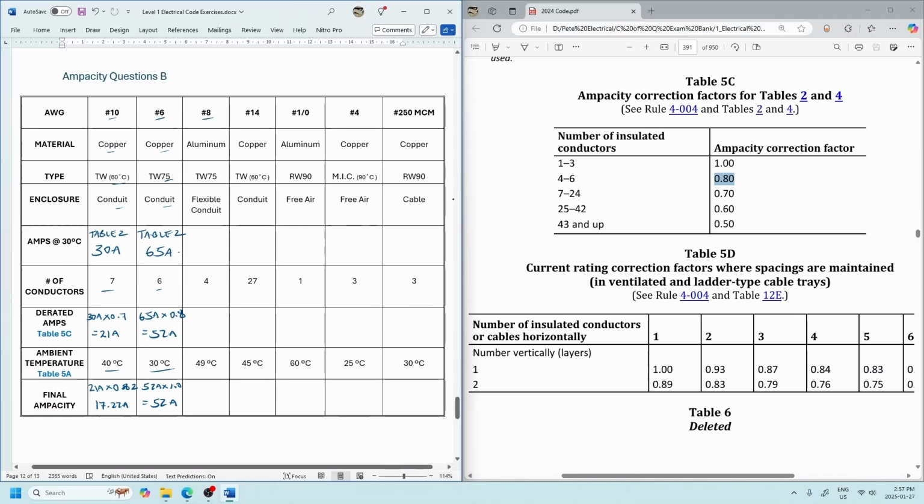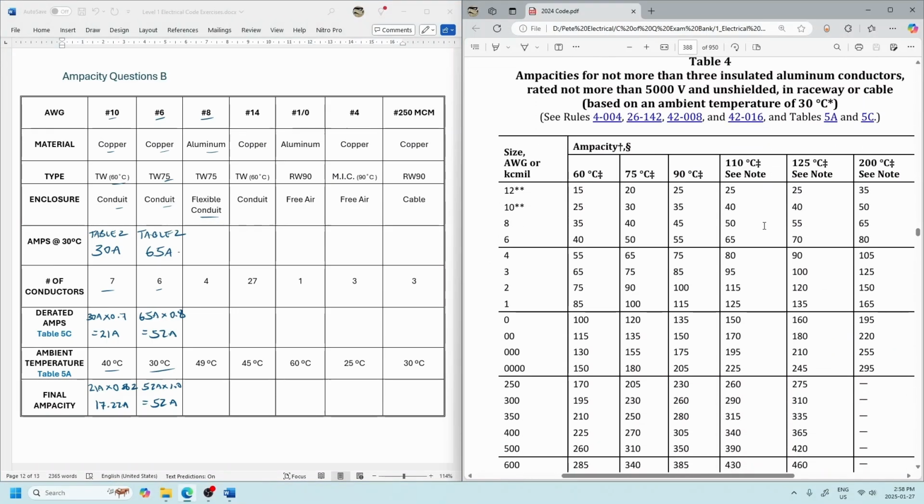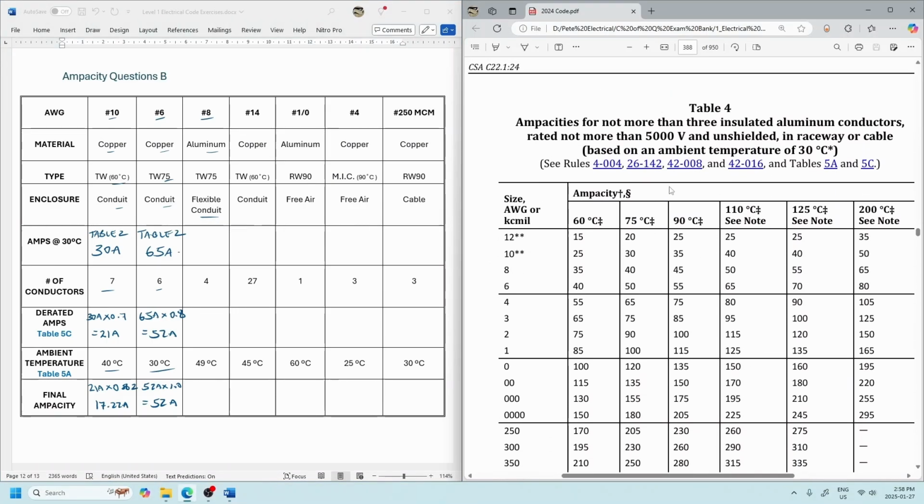We got number 8 aluminum, and it's in flexible conduit. Okay, so that guy is going to be in table 4, right? So we've got aluminum conductors in a raceway. We're in the 75-degree column here for number 8, so 75 degrees, and we're looking at number 8. That's good for 40 amps. Okay, so we're in table 4.